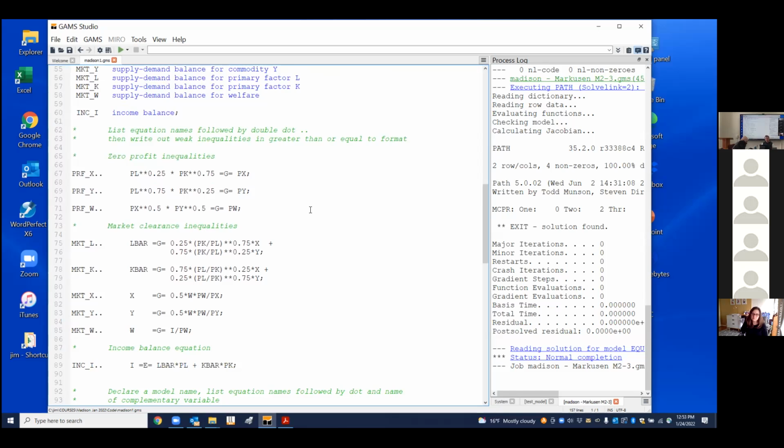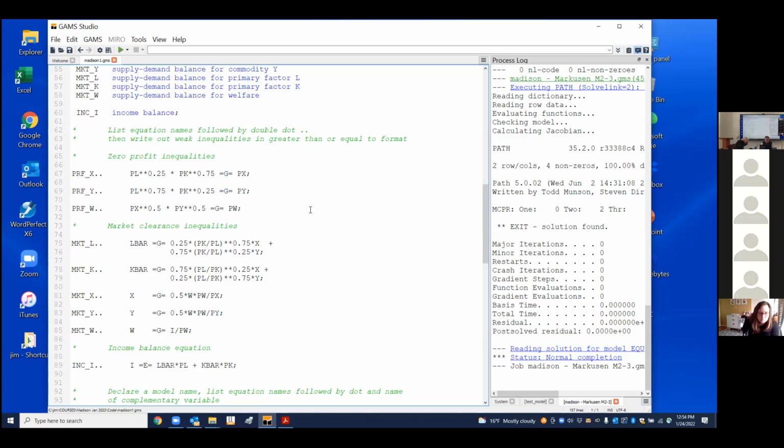So then the 2 market clearing conditions, we're back to duality. That's the application of Shepard's lemma to the cost functions times the level values of outputs X and Y. And then supply and demand equations for X and Y and W are supply is greater than or equal to demand.